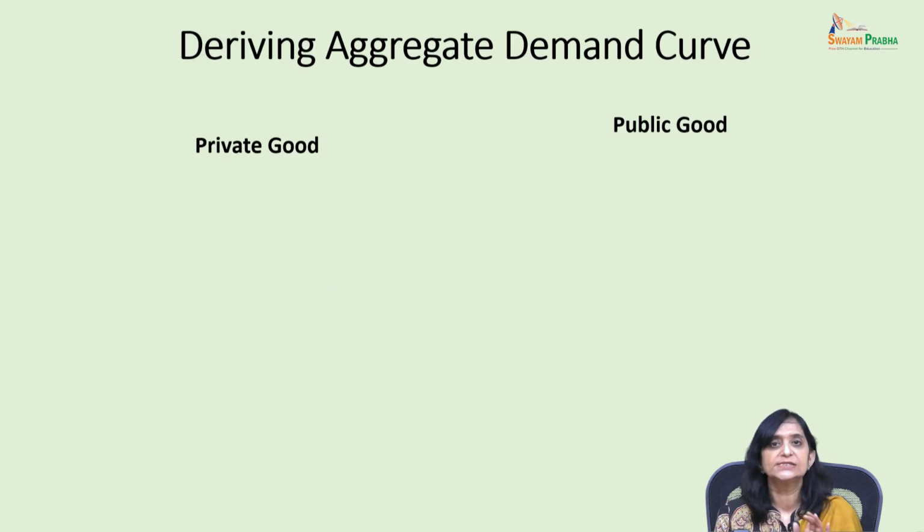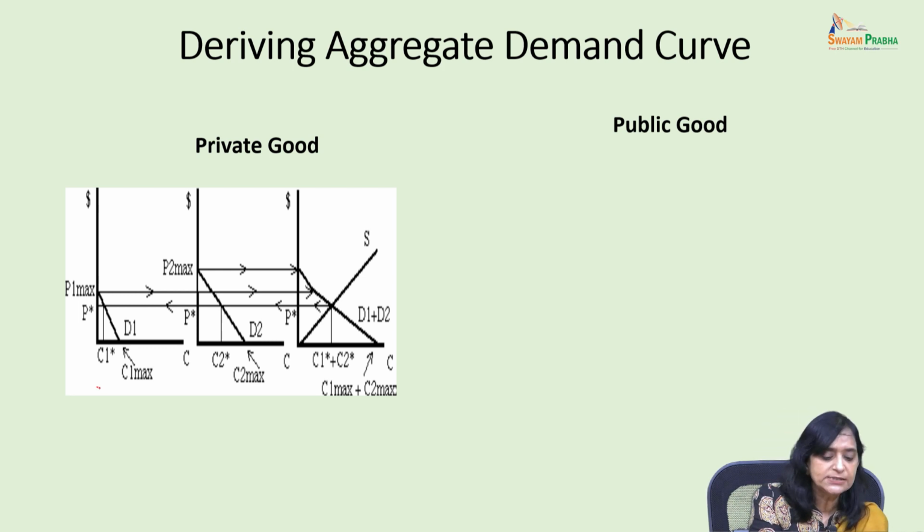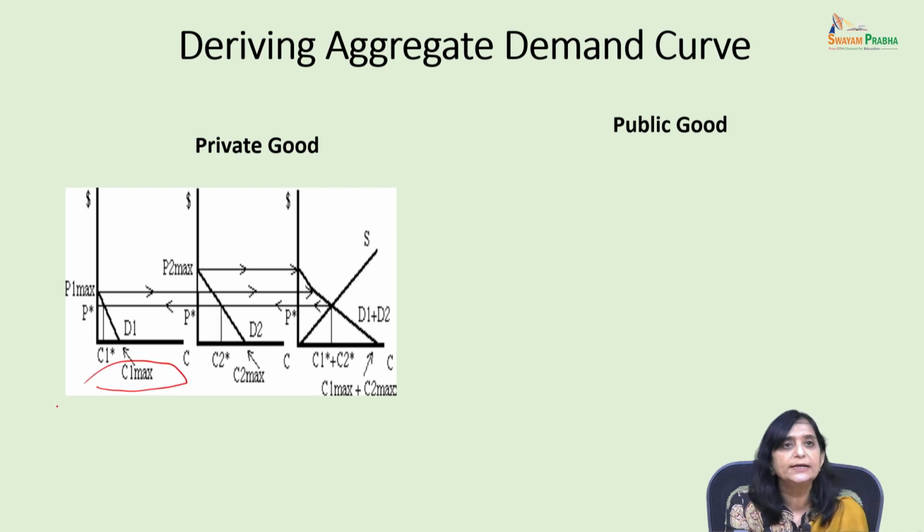Now, let us see graphically how we will be deriving the aggregate demand curve. I have just explained that in case of private goods, it is the horizontal summation of the demand curves of the individuals. So this graph shows, let us say, there are two consumers, A and B. D1 is the demand curve of individual 1, D2 is the demand curve of individual 2.